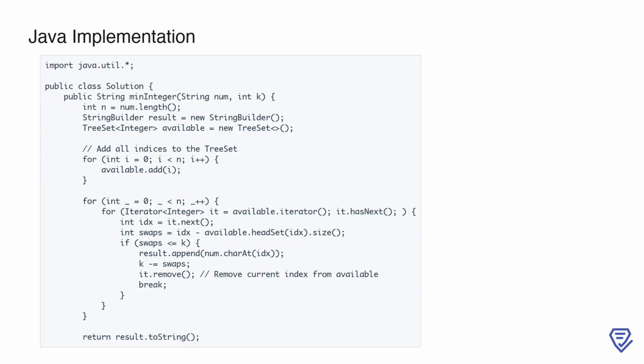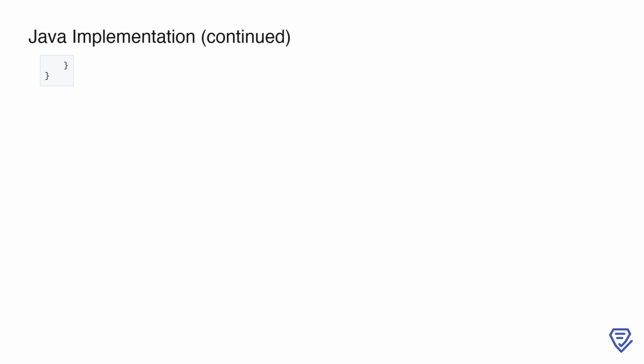If the swaps required are less than or equal to the remaining allowed swaps k, we append the digit at that index to the result, update k by subtracting the swaps used, and remove the index from the TreeSet, as it's no longer available for further processing. Finally, the loop continues until all digits have been processed, and the result string contains the lexicographically smallest number possible after at most k adjacent swaps.